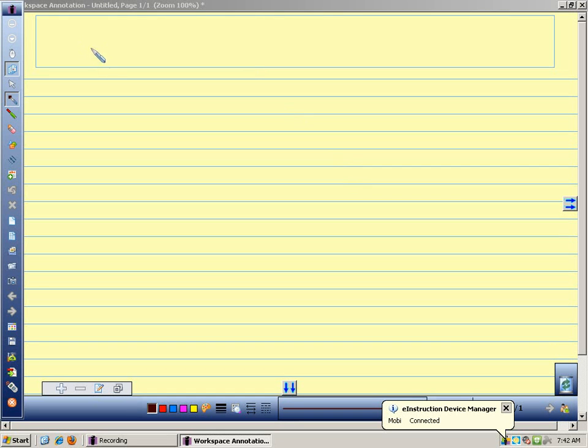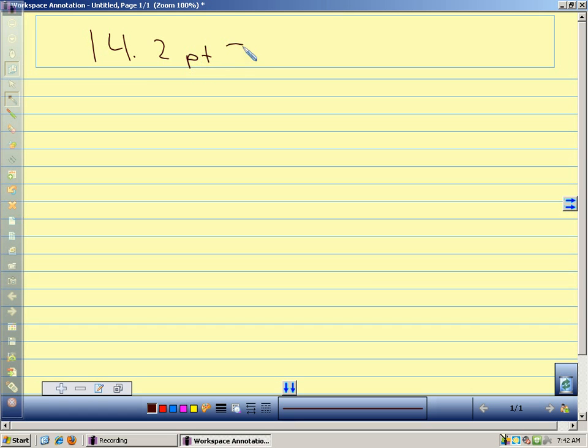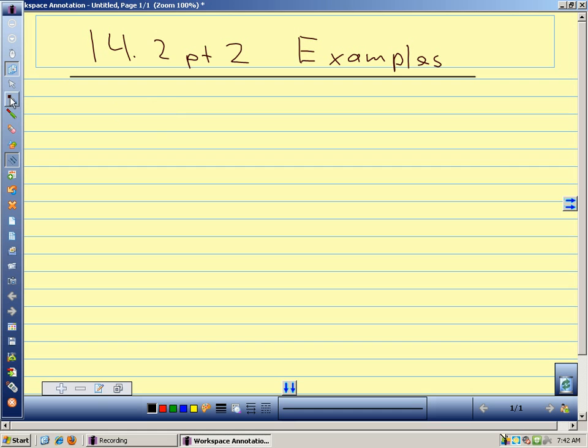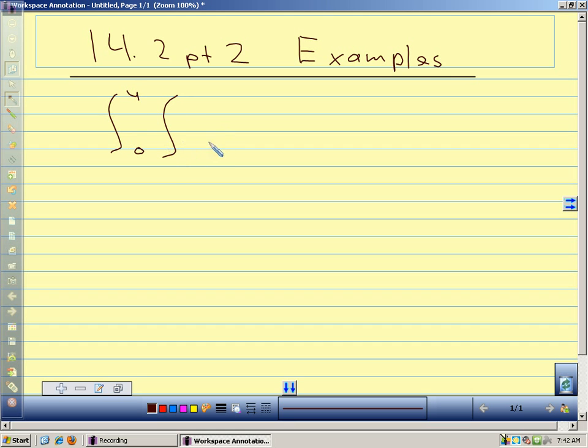All right, so we're just continuing a little bit with double integrals in volume. So I'm going to ask you guys a few questions. We are solving a problem, and we get these two possible equivalent solutions.